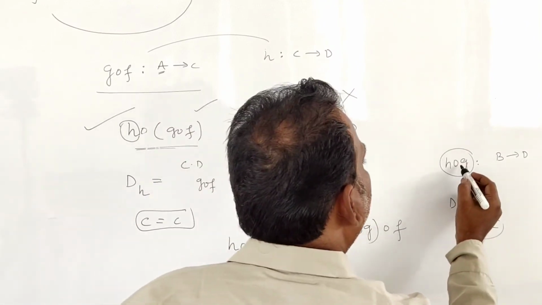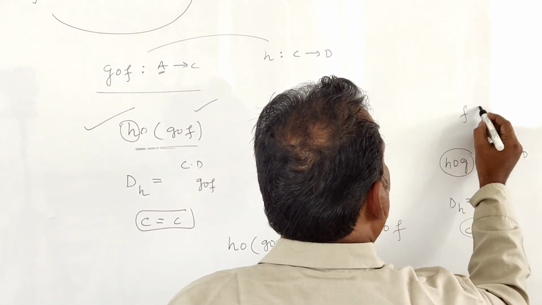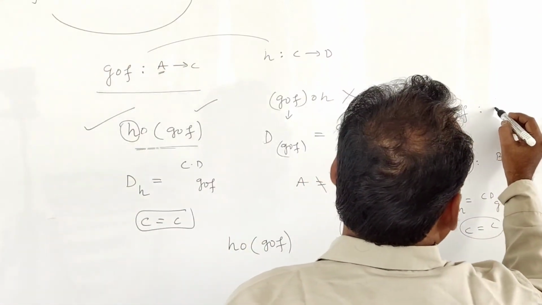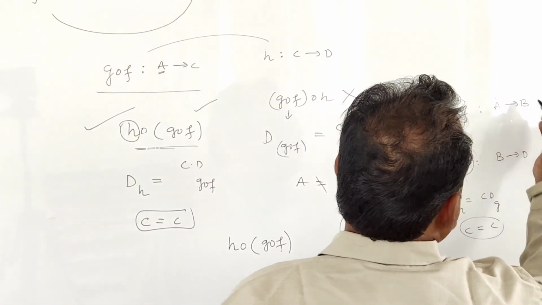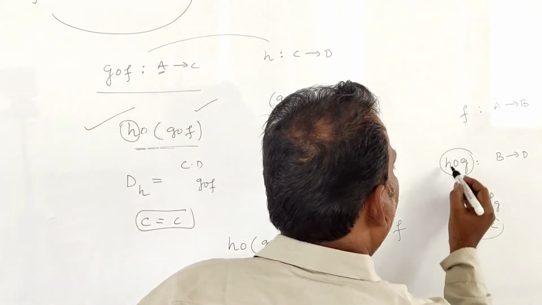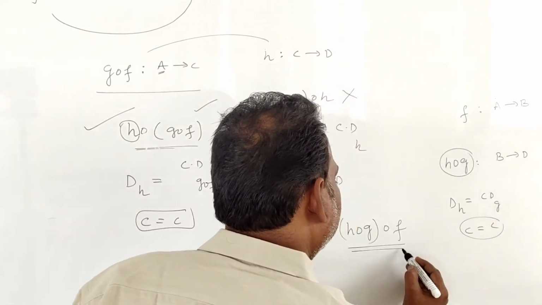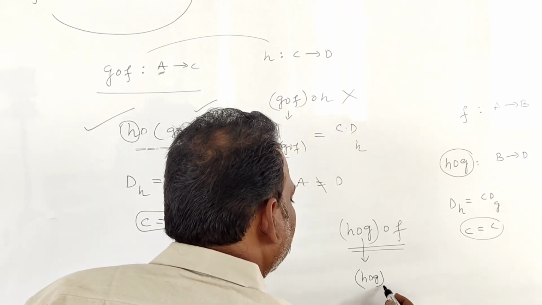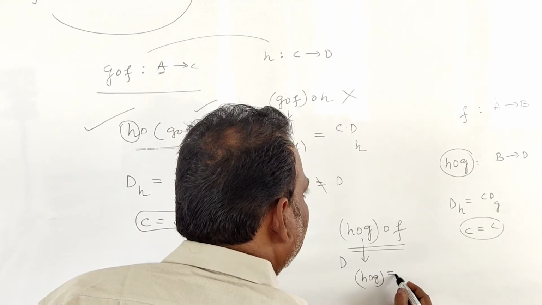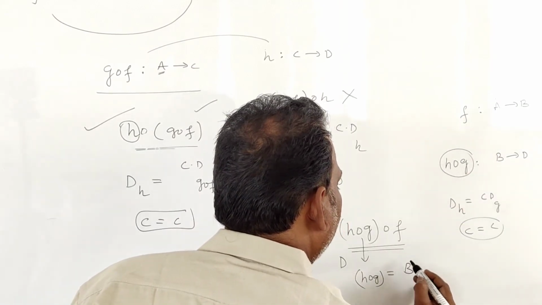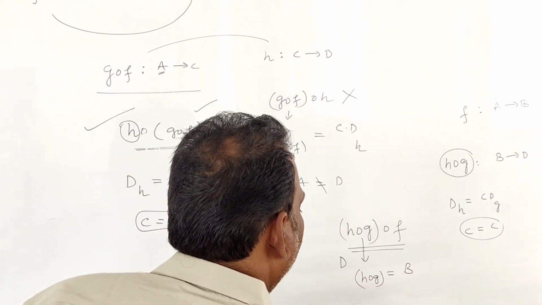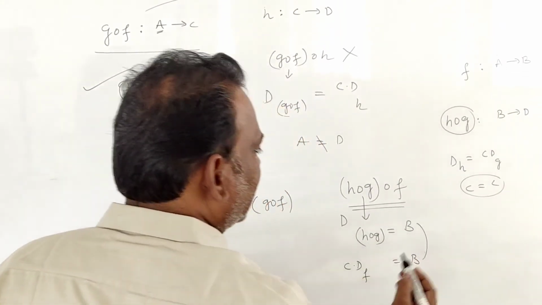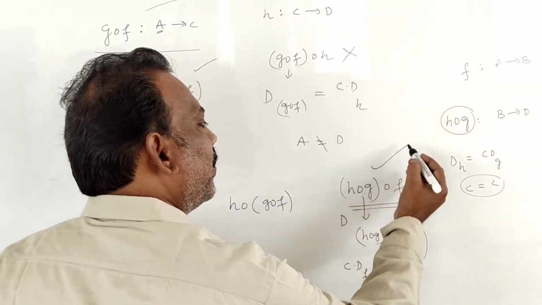Now H circle G and circle F, and we have one more function. What is that function? A to B. Correct or not? See, H circle G circle F exists, and F is the first function. The domain of H circle G is B, and the codomain of F is also B. So these two exist, and this case is also possible.